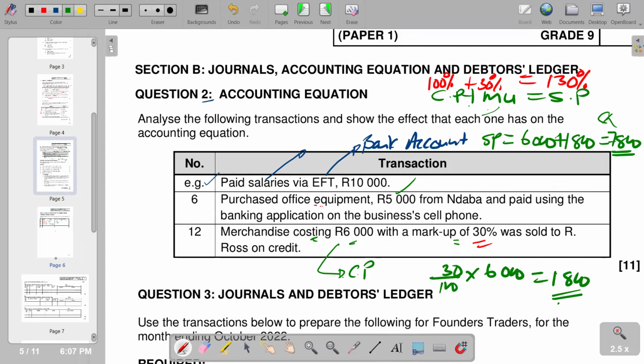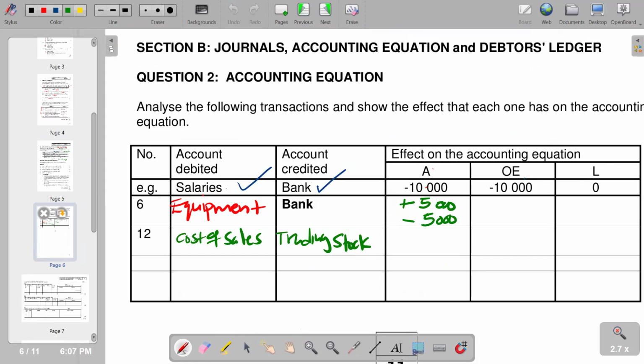So that's what we have as 6,000 rands. In terms of debiting, cost of sales is an expense. It's supposed to reduce our owner's equity, so we're going to see a negative on owner's equity. Then by crediting our trading stock, which is an asset, it's also a negative. So we also have a negative 6,000 in the column for assets.